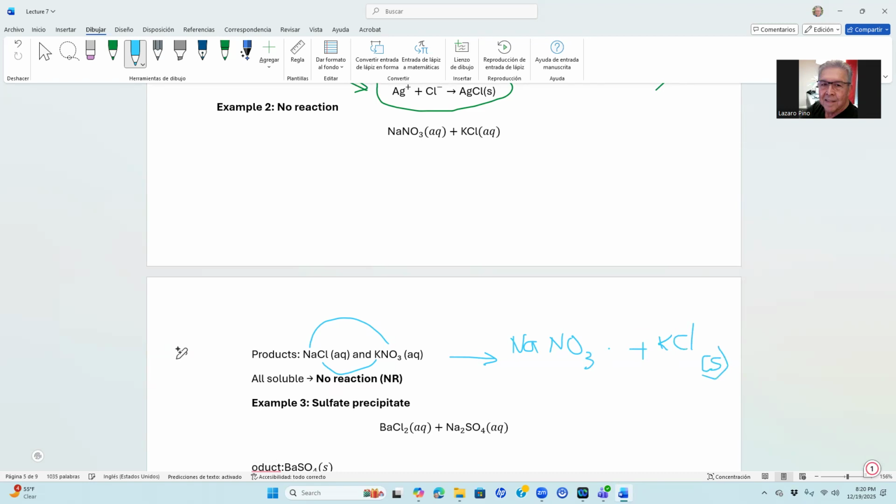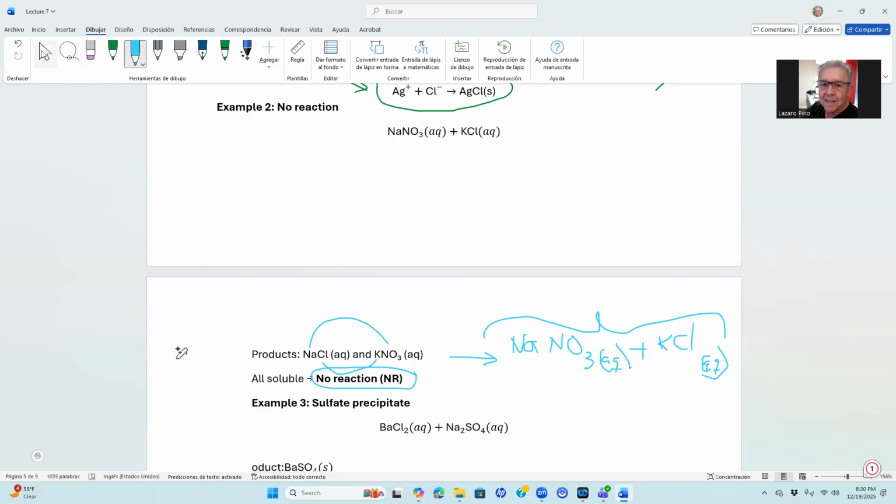If you go to the solubility rules, you will see that both are soluble, and I write an S, sorry. Then it is AQ, soluble, and AQ. When both compounds in the products are soluble, we say that there is no reaction.